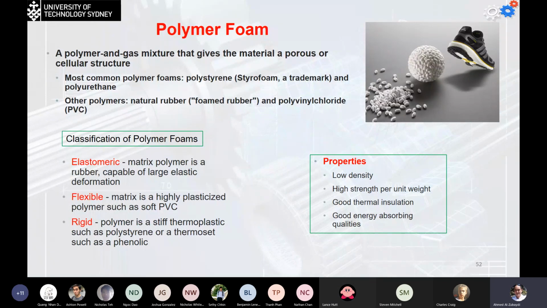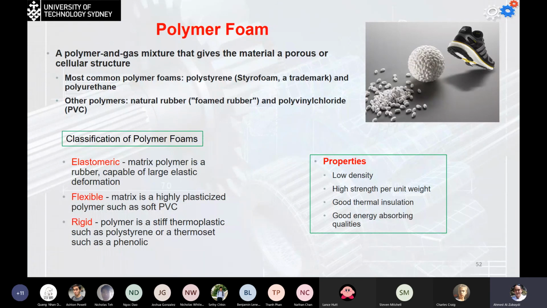Okay, now the other one is polymer foam, and this is actually not old technology. We are going to use a mixture of polymers and gas, and this will give the material lightweight because it's going to have air inside the porosity. The most common polymer foams are polystyrene, and other polymers can be natural rubber.